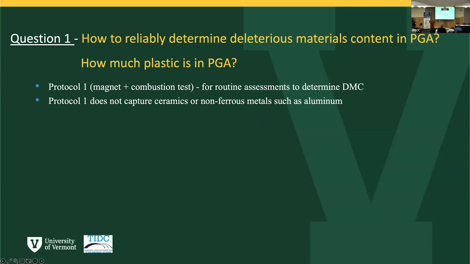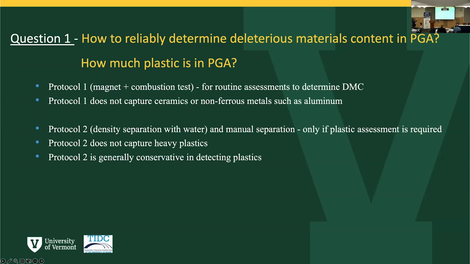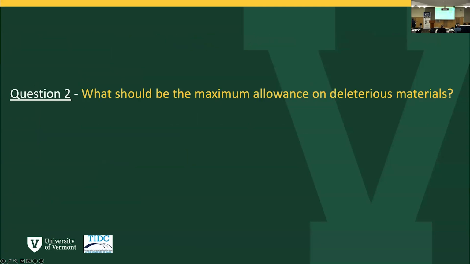And it cannot capture ceramics, which is fine because we did a bunch of testing to show that ceramics don't actually change the material properties, or engineering properties, of glass. So protocol 2 is only recommended if stakeholders are interested in figuring out the plastic content in glass. And we were able to show that the protocols were reliable and operator independent.